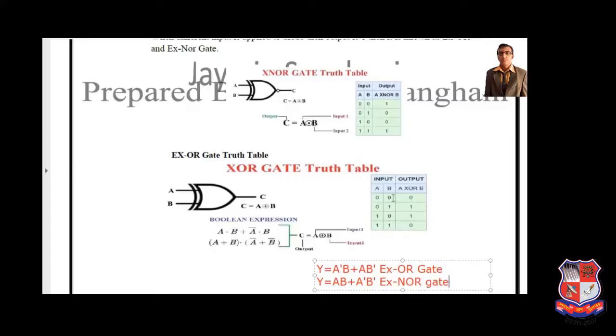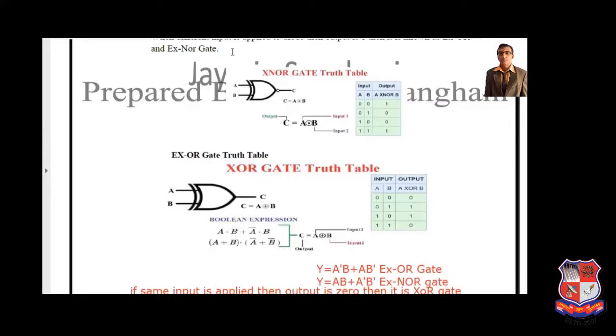If both inputs are the same, then output is 0. Then it is XOR gate. See this, then it is XOR gate.